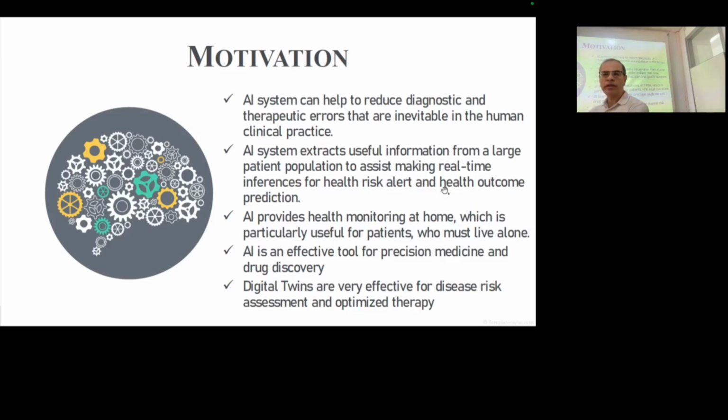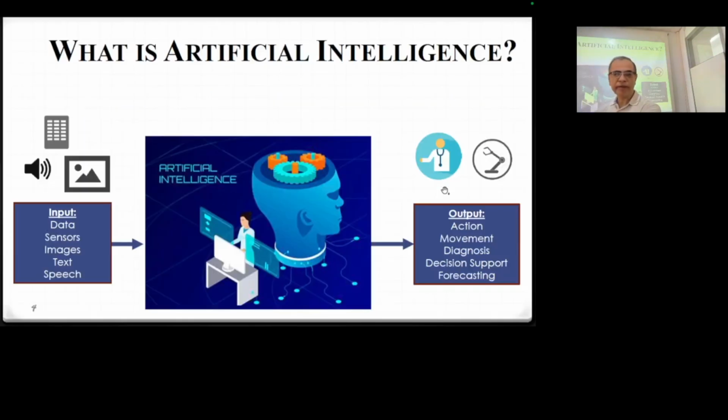Mainly they provide monitoring at home, which is particularly useful for elderly people or those living alone. There is also what is called precision medicine or personalized medicine. You can use AI to achieve more in therapy or in diagnosis as well. Digital twins are also very effective for disease risk assessment and optimized therapy as well. So these are the main things.